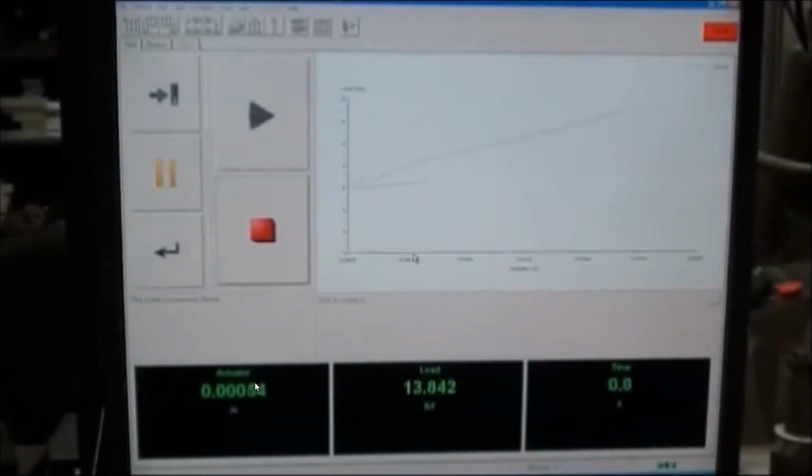Okay, and then it's just a regular 3-point bending, but with a very specific support system.